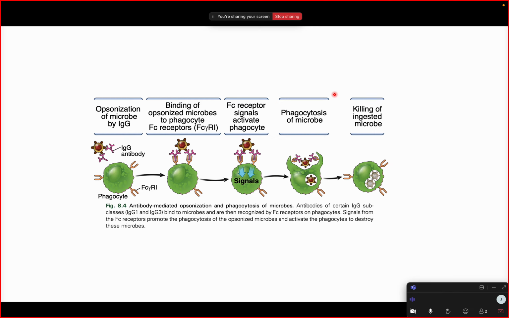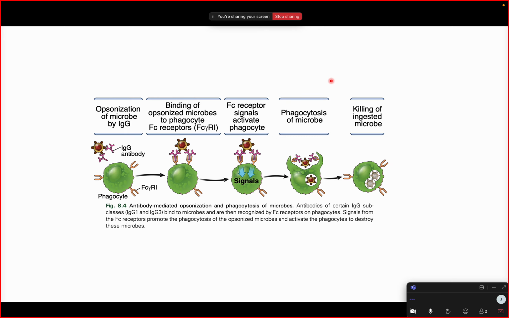Second function is antibody mediated opsonization and phagocytosis of microbes. Again, it is a function of antibody. So what exactly is opsonization? In layman language, it is making the thing more palatable or more tasty.